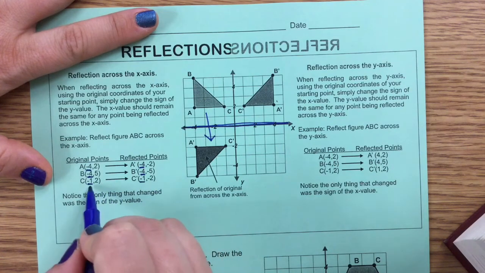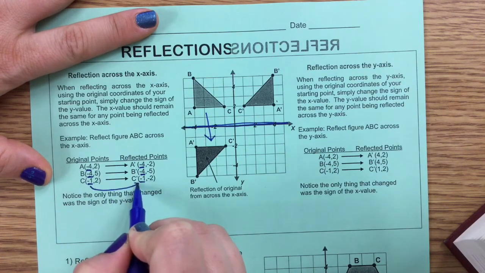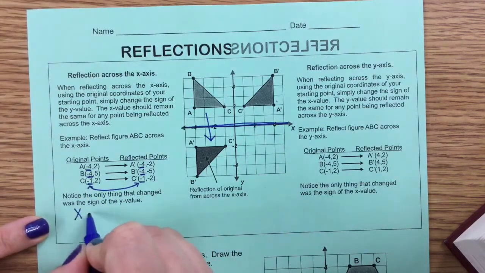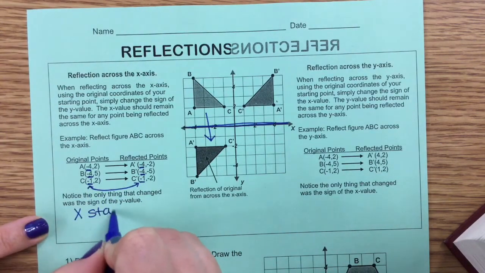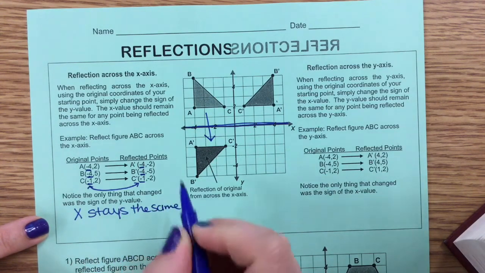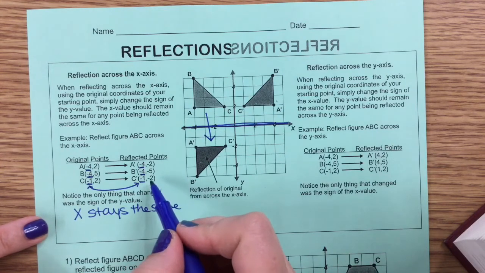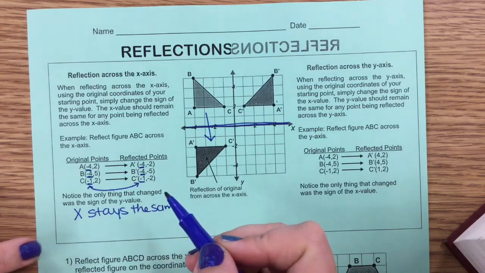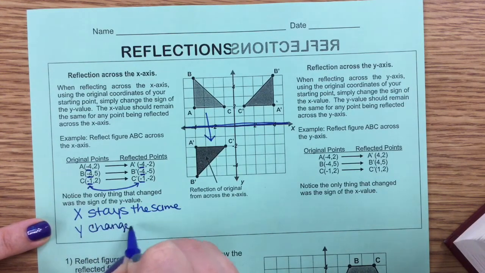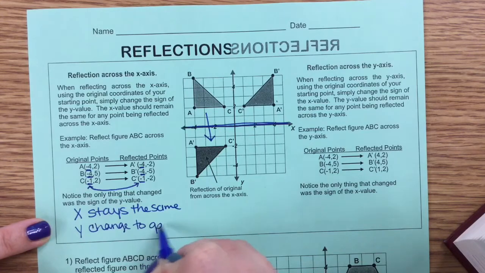So if you notice, these x's aren't changing. Those are staying the same. So x stays the same. And the y's all changed, but they just became the opposites of the other y's. So y changed to the opposite.